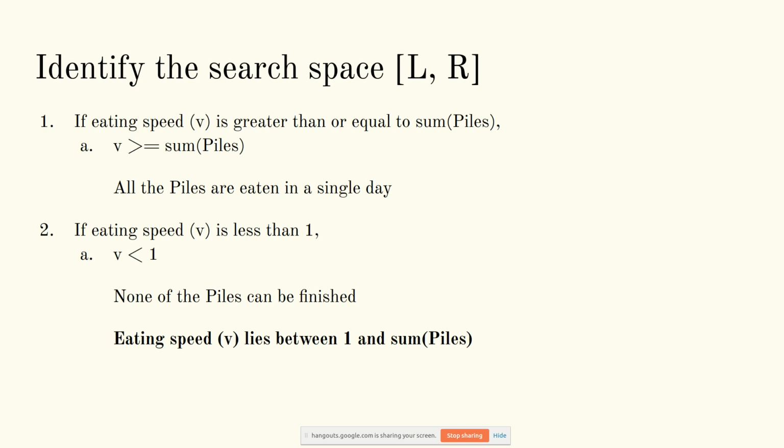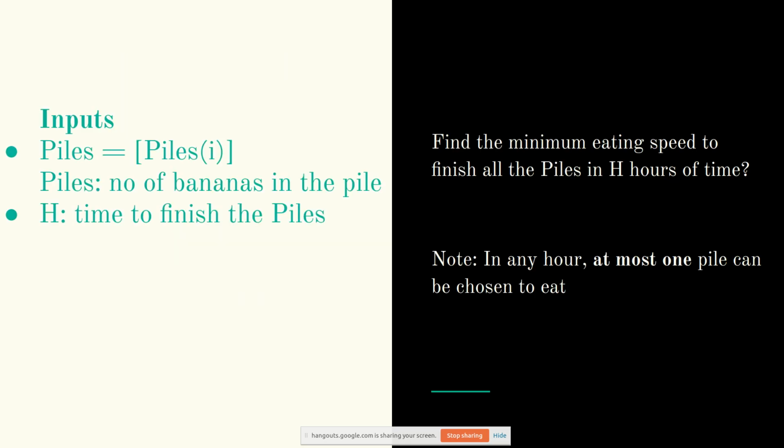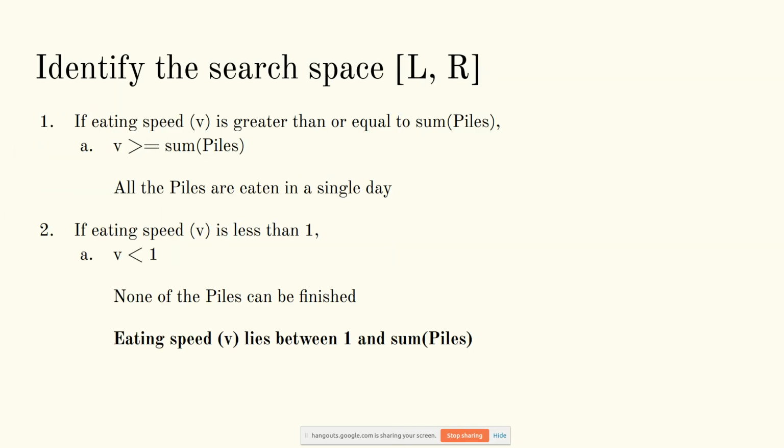So when our eating speed lies between 1 and the sum of piles, our objective can be achieved, and we want to minimize the eating speed such that it lies between 1 and the sum of piles.